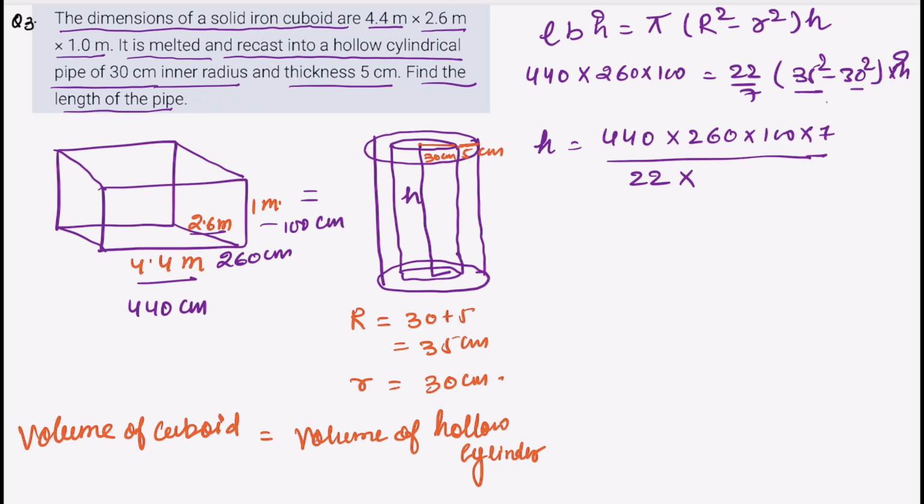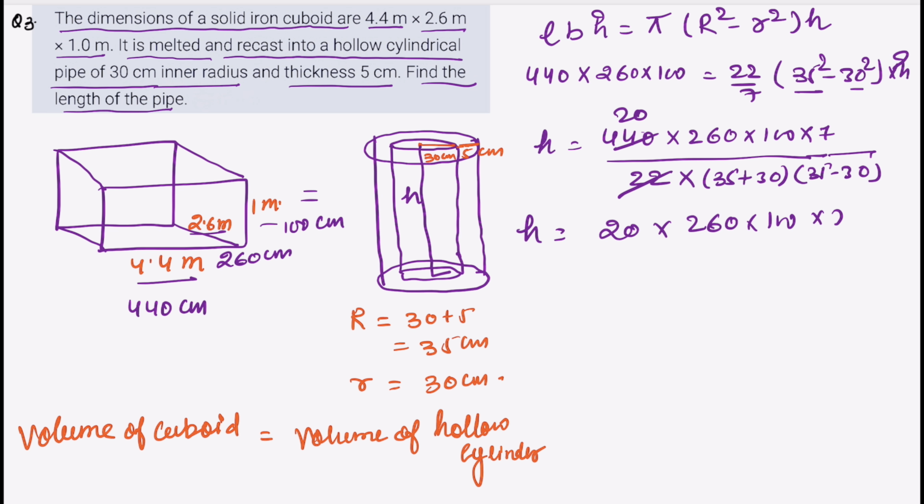So here we will use a square minus b square, so this will be a plus b, 35 plus 30, and a minus b, that is 35 minus 30. So from here, cutting this, we will get 20, and 20 into 260 into 100 into 7. In the denominator, we will get 65 into 5.